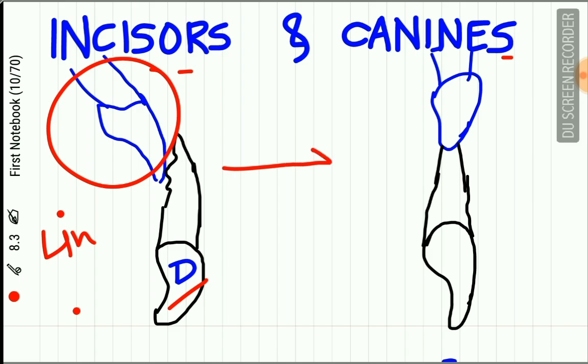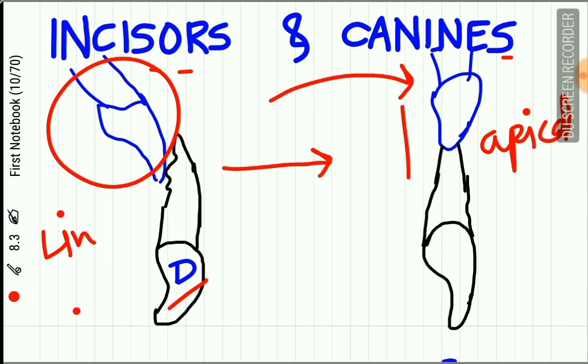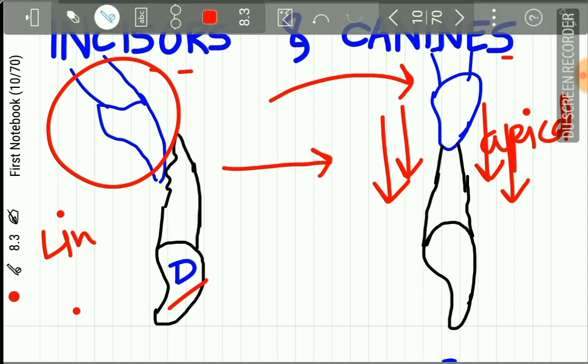Later on, as the process of shedding continues, this deciduous tooth comes to lie in the apical region of the permanent tooth, and when the forces are exerted by this permanent tooth, it resorbs the deciduous tooth and comes in exactly in the place of the deciduous tooth.